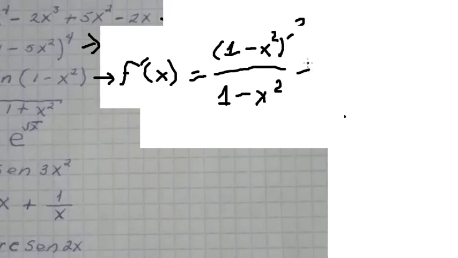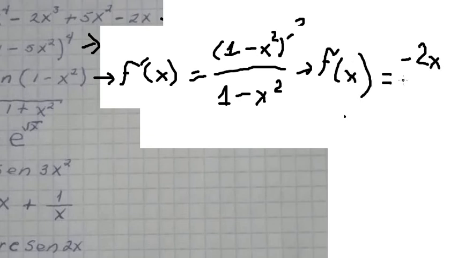If we do the first derivative of this one on the denominator, you get negative 2s over 1 minus s squared. And this is the answer in here.